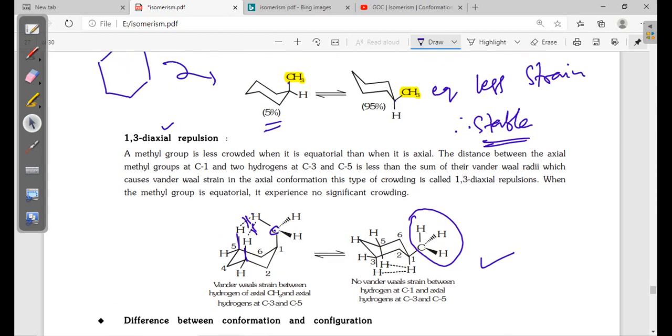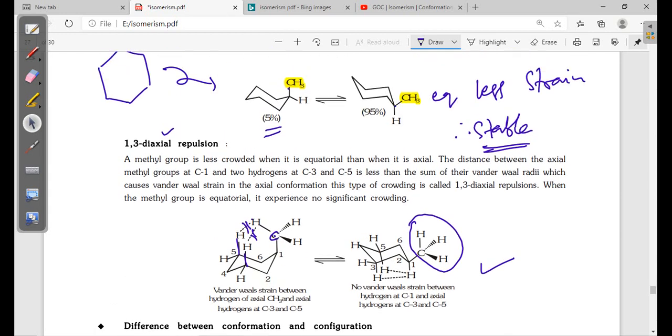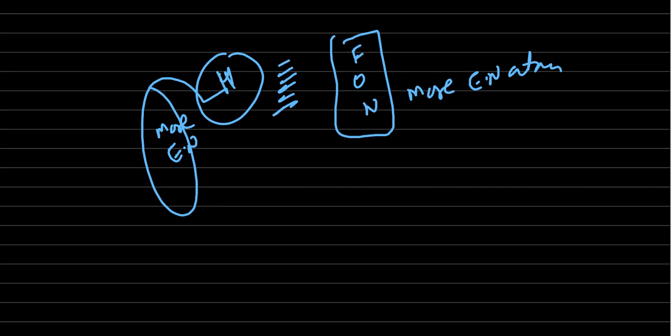If you want, I will give one more example. Suppose here, what is this?